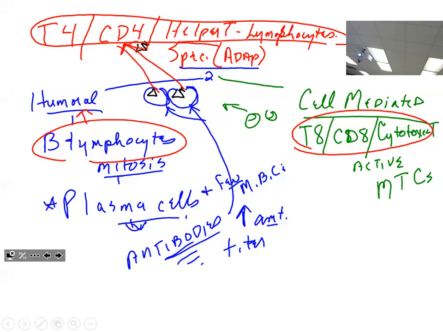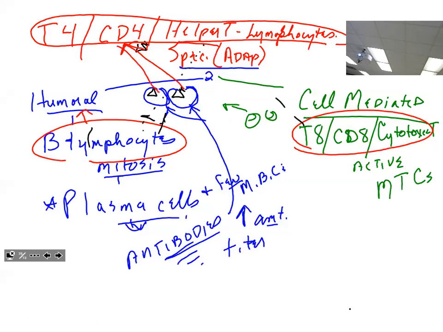These are the cells that are actually going to produce these leukotrienes, these chemical signaling molecules, to tell this cell to become active and to tell this inactive one to become active. The chemicals produced by the helper T lymphocytes are also going to activate inflammation.